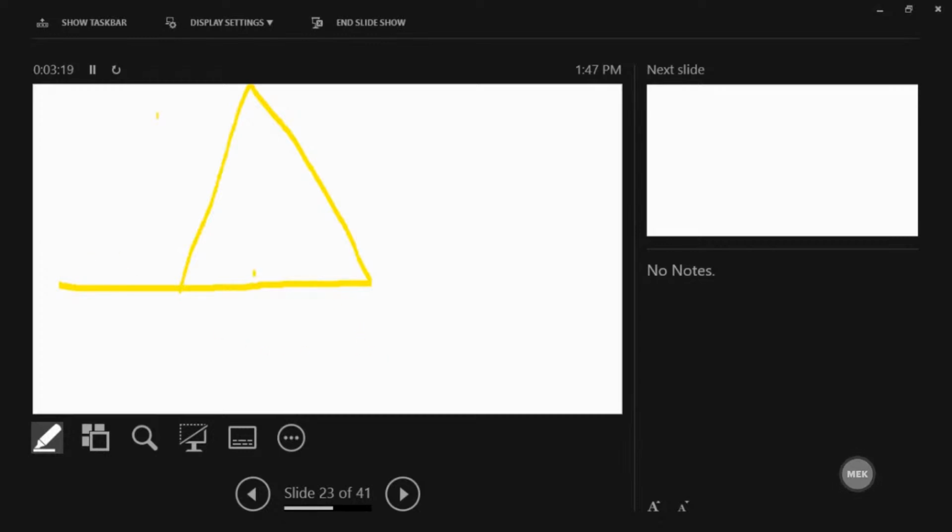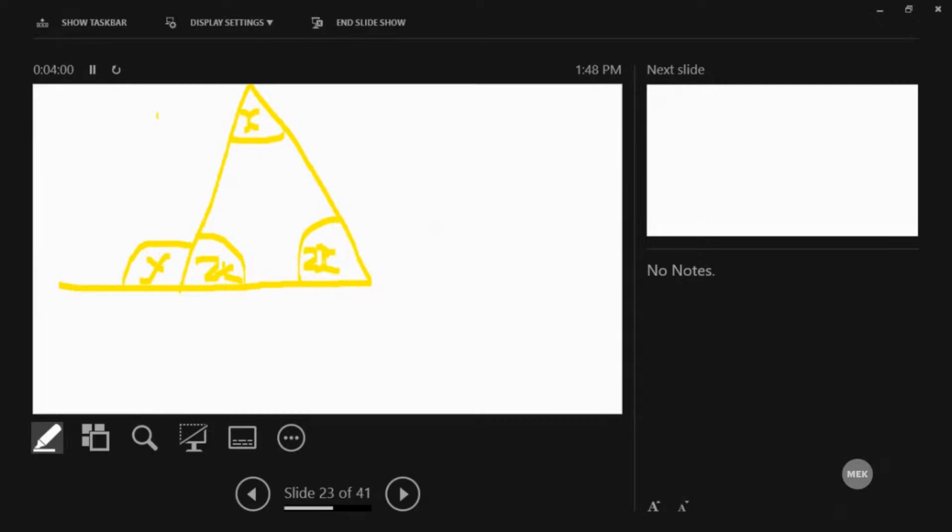So we have that triangle, and we are told that this angle is x, and this angle is 2x, this one is also 2x, and this one is y. And we're asked to find each of those angles. We're asked to give the actual degree measurement for each of those angles.